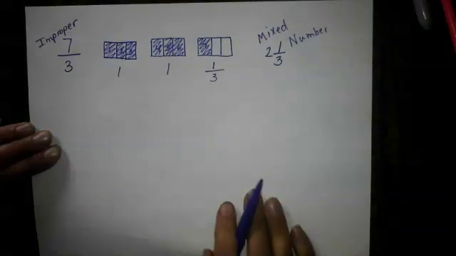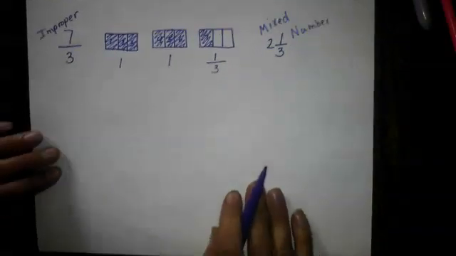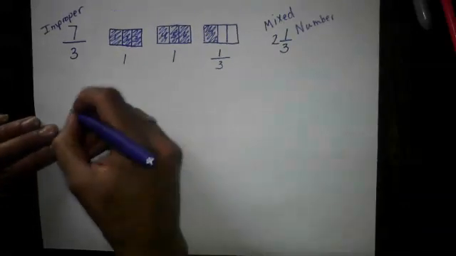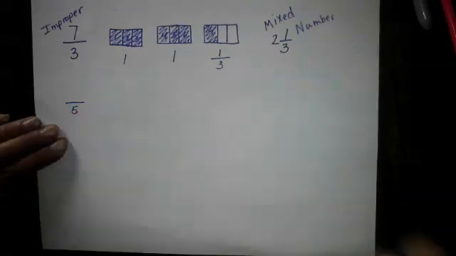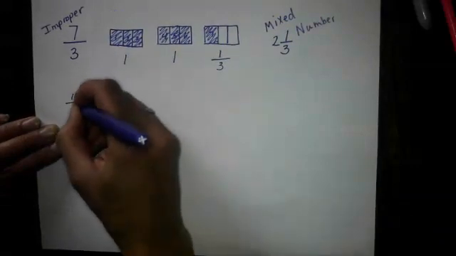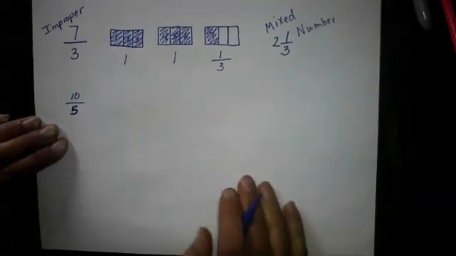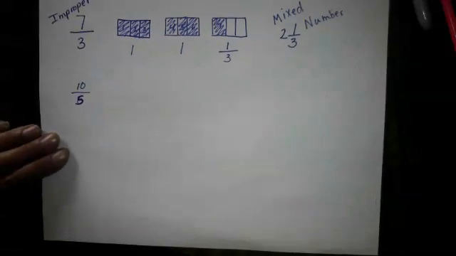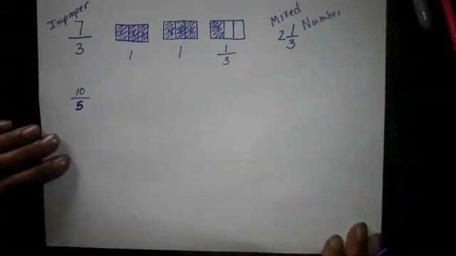I'm going to do one more right now, and this one's interesting. I'm going to say my denominator is 5, and I'm going to say my numerator is 10. I hope that looks like a 5 to you. Okay, so 10/5 is what we have. All right, I know it's improper. Why? Because the numerator is bigger than the denominator.